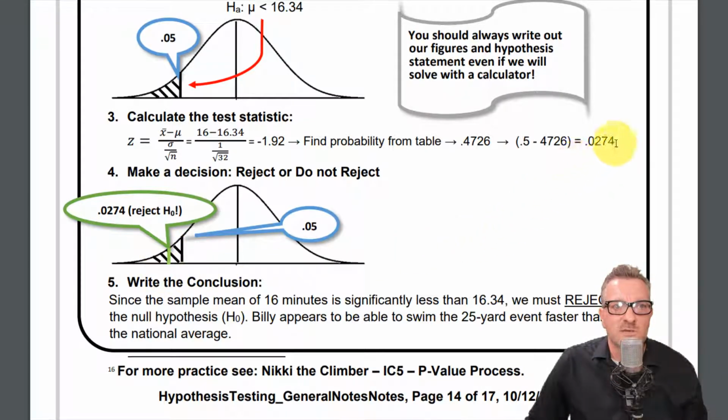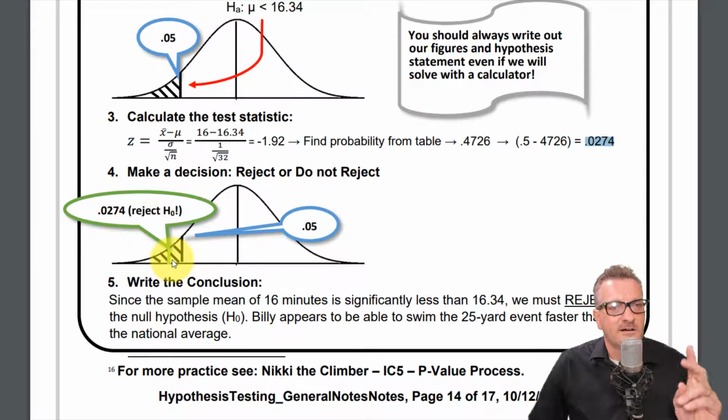And so we end up with this p-value. The actual probability value is 0.0274, or about 2.74%. So we're testing for 5%, and it ends up being about 2.74%. And that's how we figured that out if we're doing it by hand.